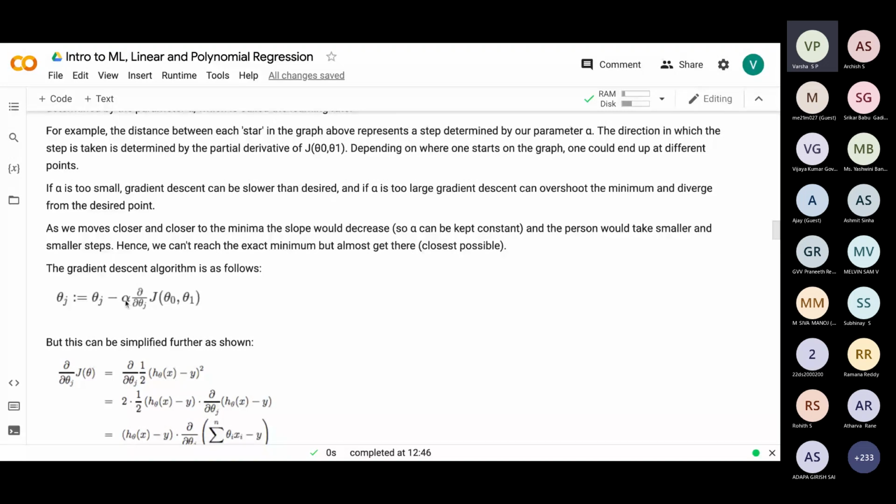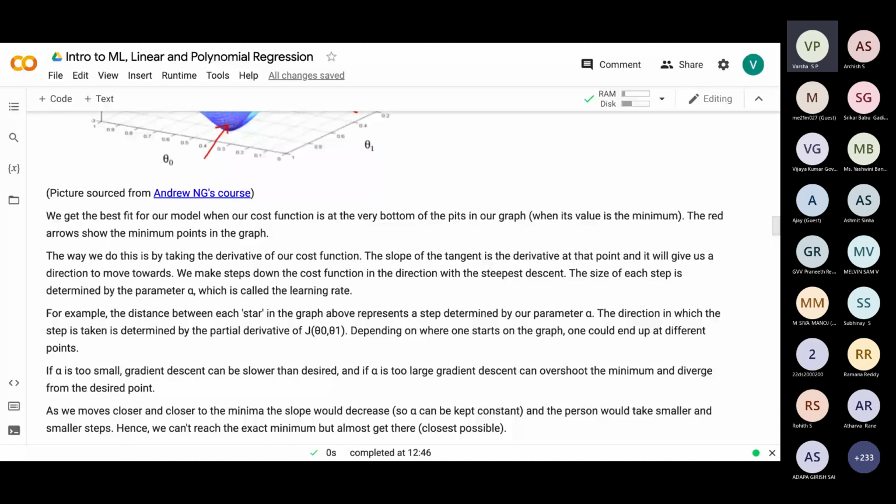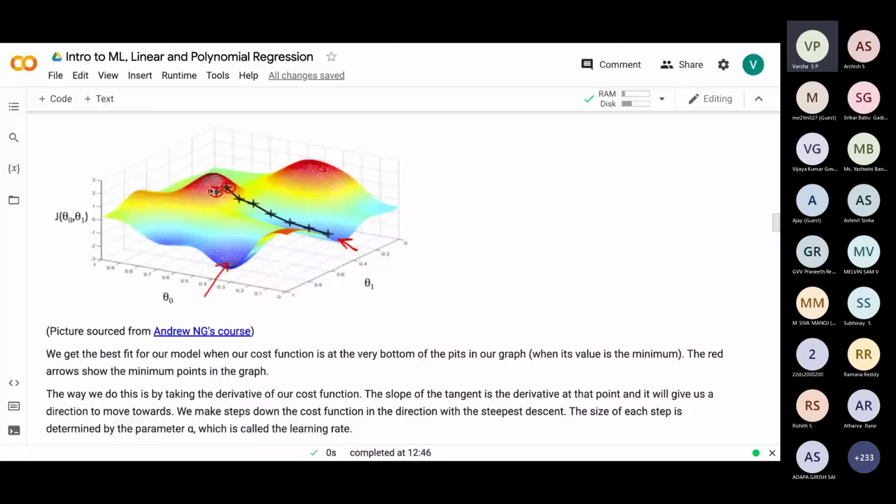It decides how fast you can move down the slope. This is the minima, where you have to reach. It's the minimum point where you can get the least possible error. You'll have to move from here to here. So alpha decides how you reach this point, right?